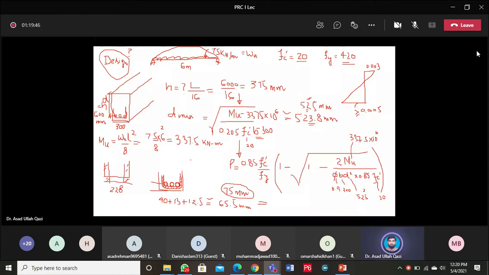Whoever is online, I suggest all of you to please do this calculation on your own. You can develop a spreadsheet on Excel with such useful expressions and try to design the cross sections quickly by calling these equations present in different cells of Excel sheet.